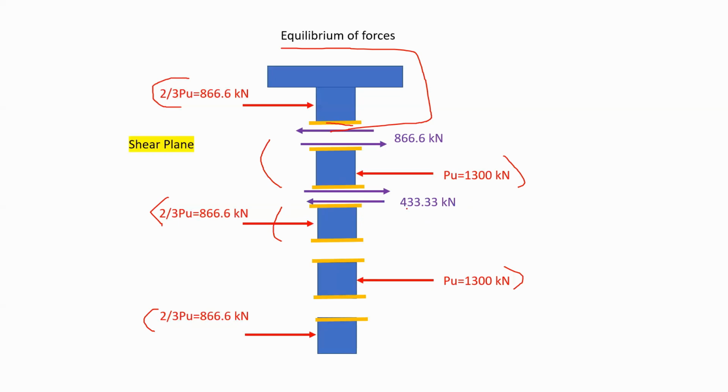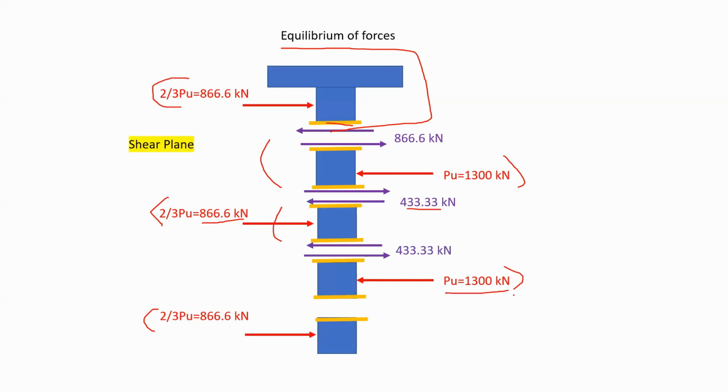Now, if this is 433 and this force applied in here is 866, what do I need for equilibrium? I need, again, another force equal to 433.3 kilonewtons. Now take this force and change its direction for the other piece you have. So in here I have 433 again.